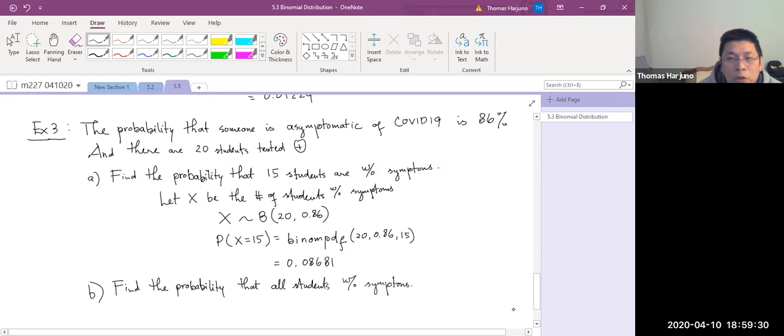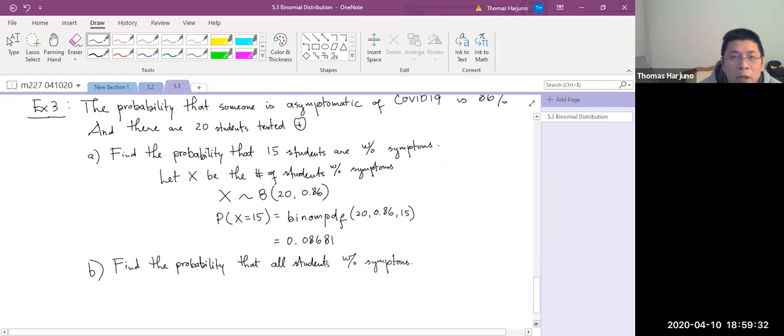So you have 20 students, and they all tested positive. What is the probability that all of them show no symptoms? So the probability that the number of students not showing any symptoms is 20.